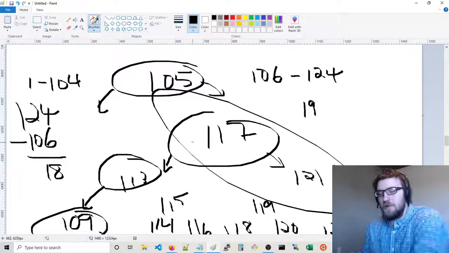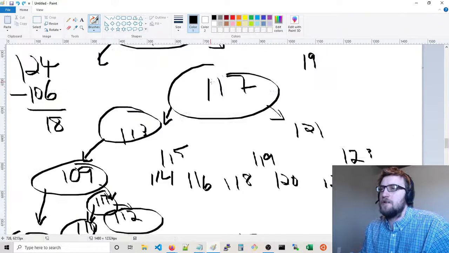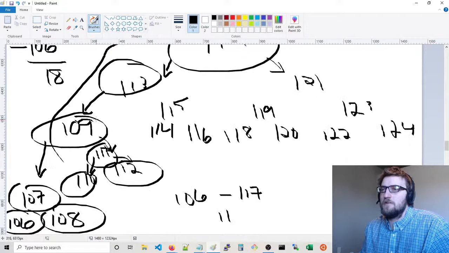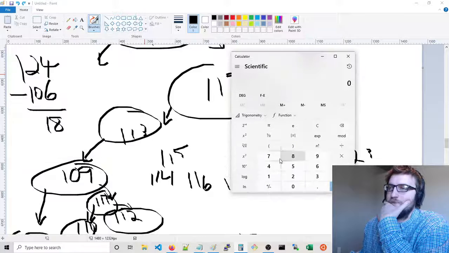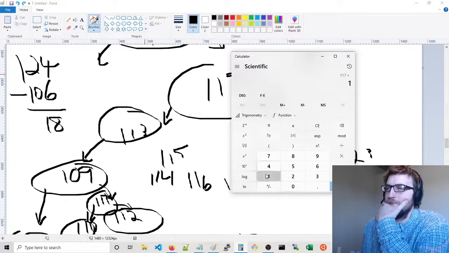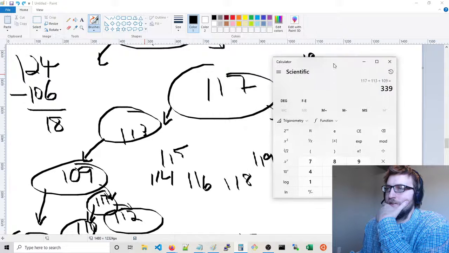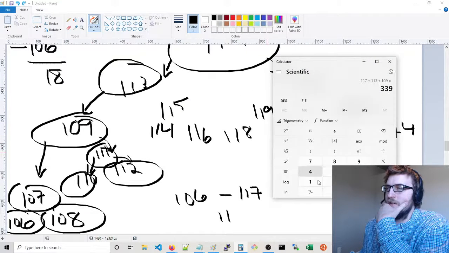These are still right, but actually the 450 comes from this guy down here on the left side. 117 plus 113 plus 109 plus 107. Is that right?